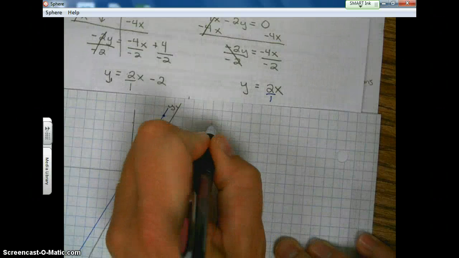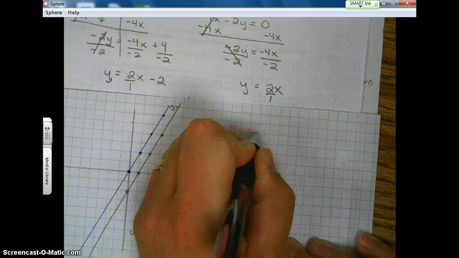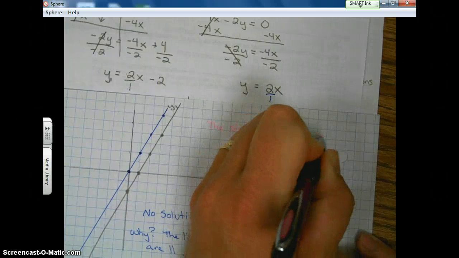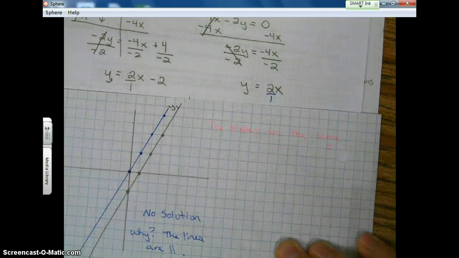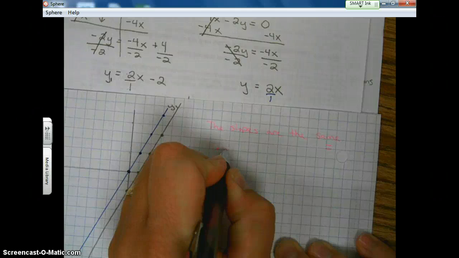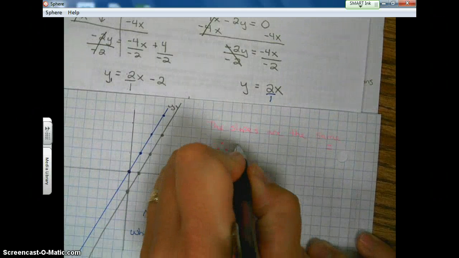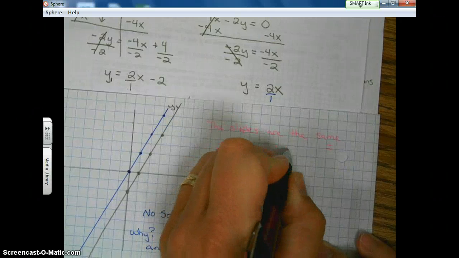The slopes are the same. Remember what same means? Equal. The slopes are the same. Therefore, these three dots mean therefore, the lines are parallel.